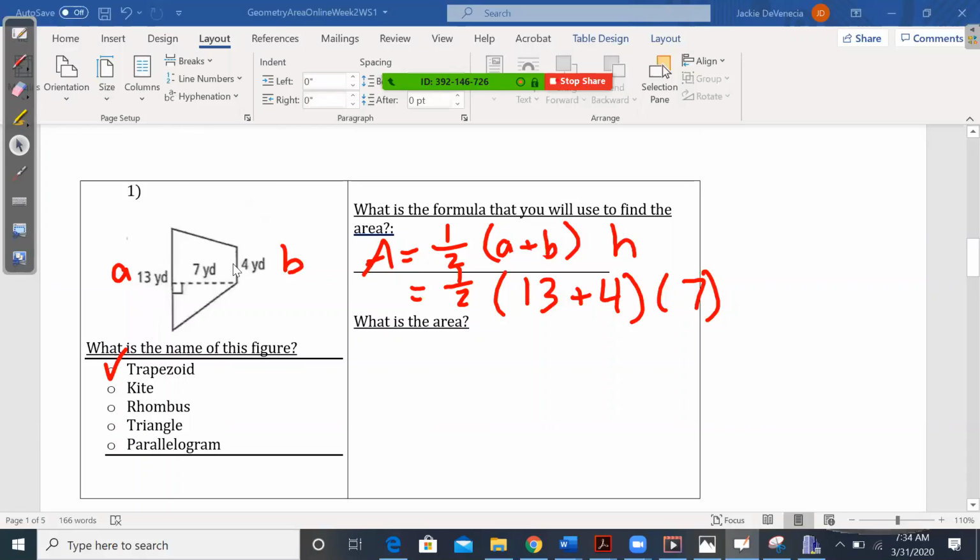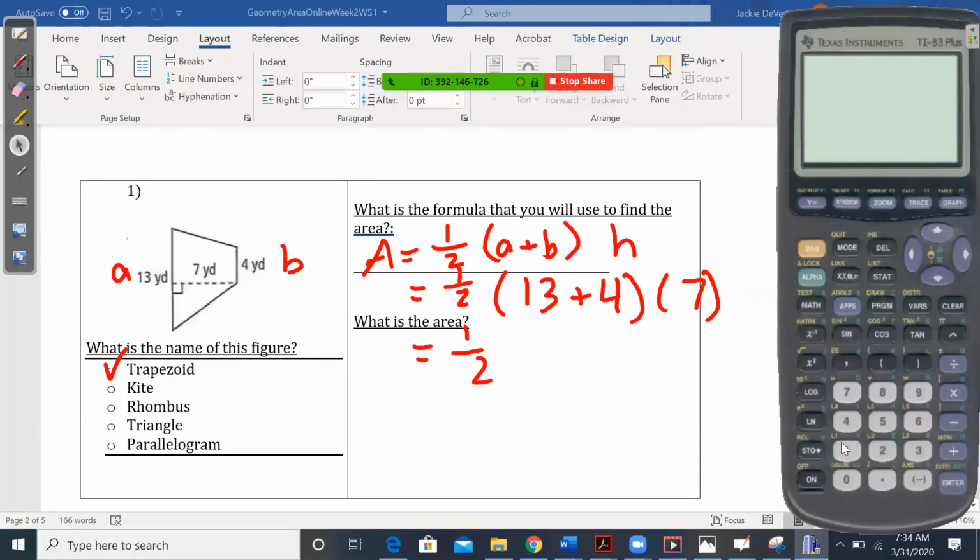So if I go ahead and calculate this area, let's see if we could put that in our calculator.